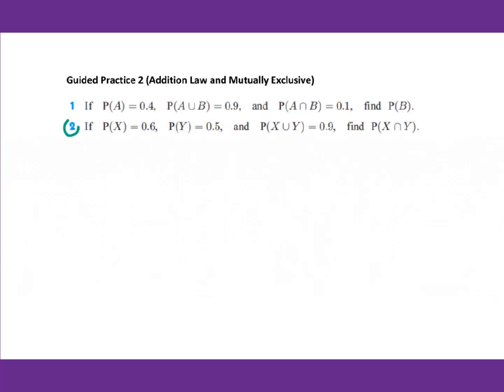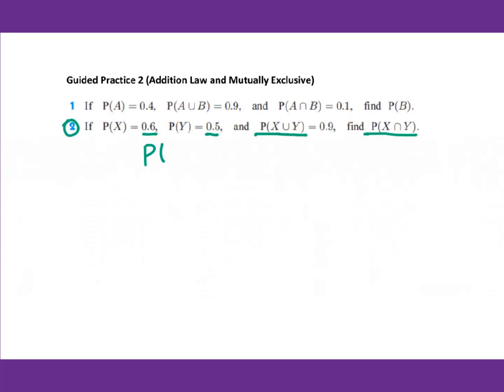For number 2, if the probability of X equals 0.6, the probability of Y equals 0.5, and the probability of X or Y equals 0.9, find the probability of X and Y. Still, we have to use the addition law.